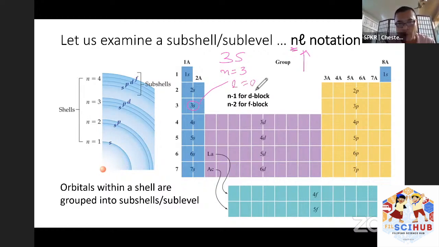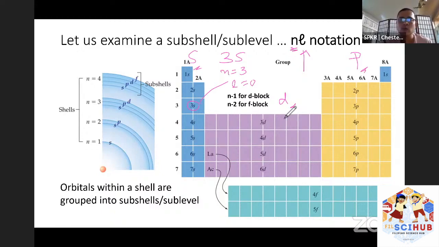If L is 0, ibig sabihin nasa S block ka. If L is 1, nasa P block ka. If L is 2, nasa D block ka, and so forth and so on. Again, L equals 0, nasa S block ka. L is 1, nasa P block.